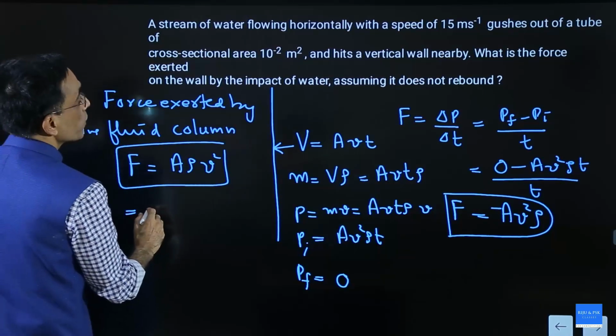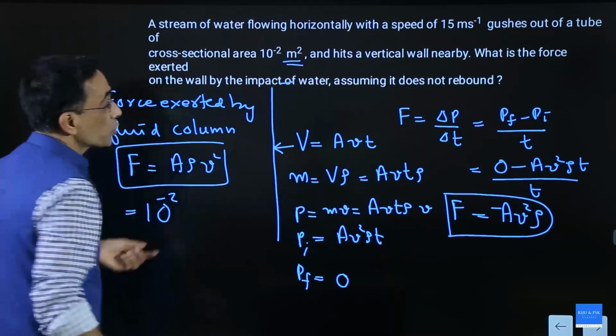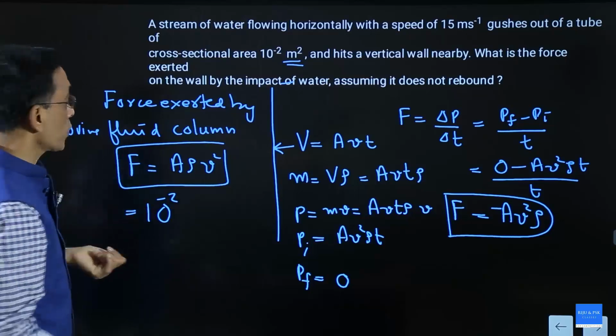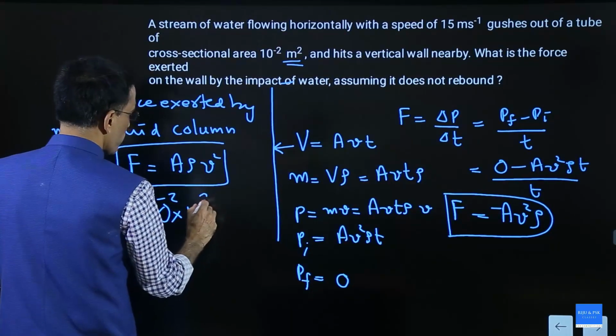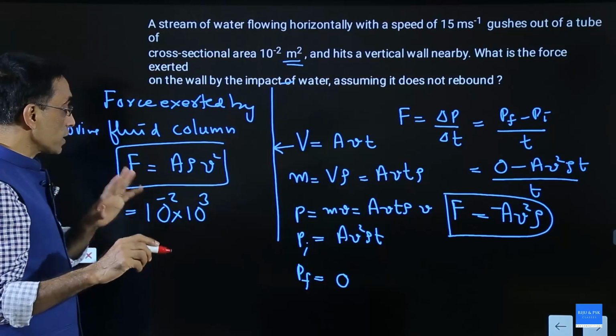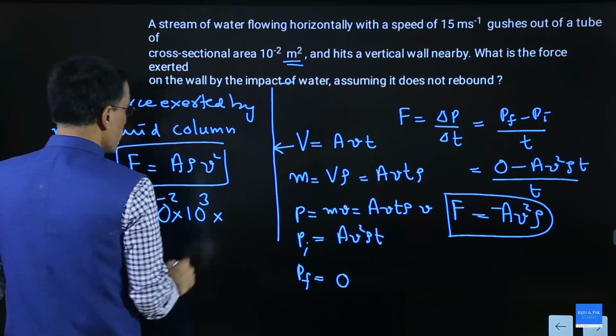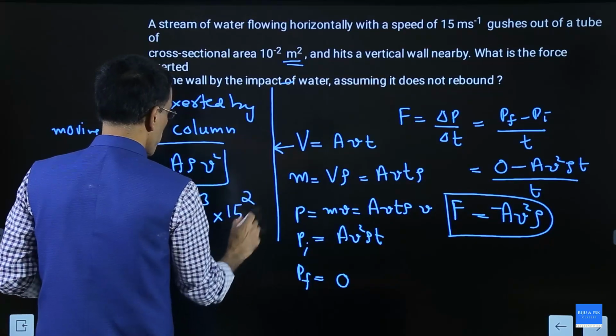And here what is given? What is the area? 10 to the power minus 2 meter square. You should be careful whether it is all SI units. Density of water, you should know that is 10 to the power 3, not 1. 1 is in CGS unit. In SI system, that is 10 to the power 3 into A rho v square. v is nothing but 15 meter per second. Okay.